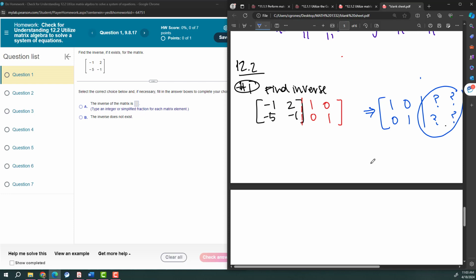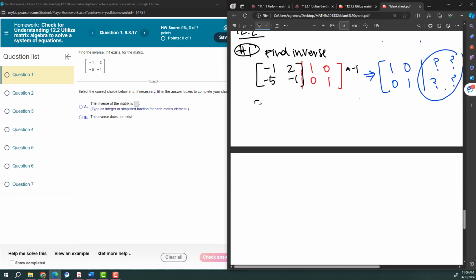So let's get started. So 1, negative 2, 1, 0. And then we've got the negative 5, negative 1, 0, 1. All right, now I'm going to multiply 5 to row 1, and then I'm going to add it to row 2. So previously I did this in 2 steps, but I'm going to join the steps right here.